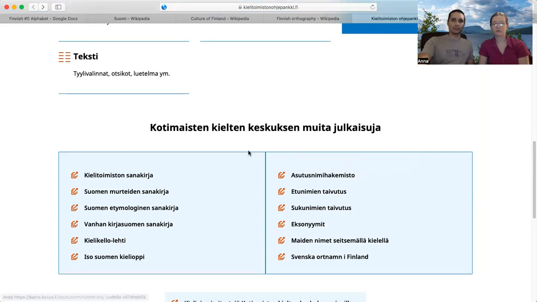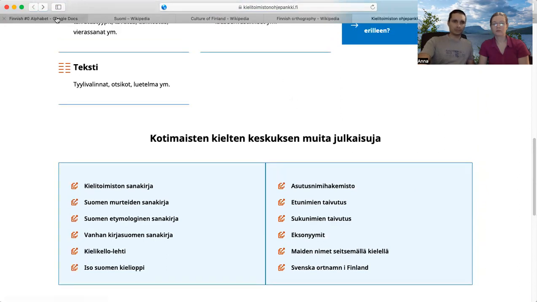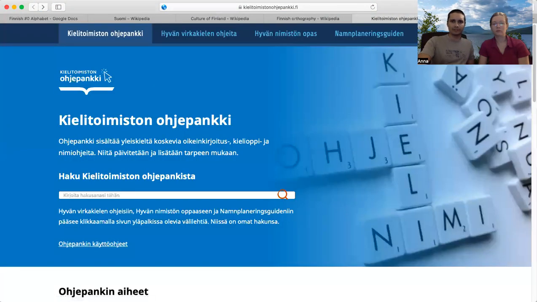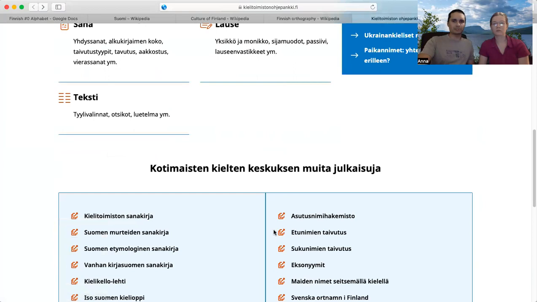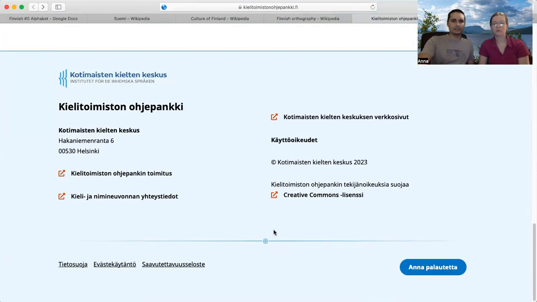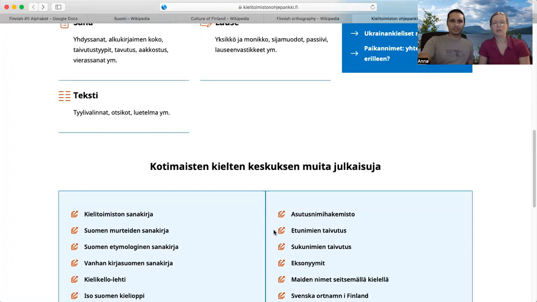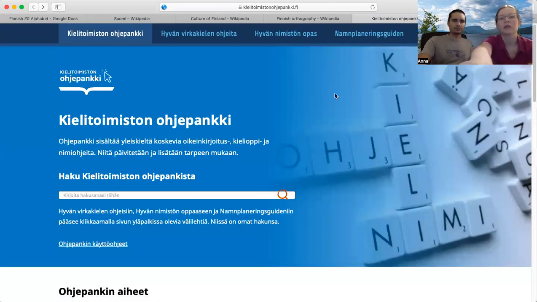So I think it's a good resource for language learners who want to learn Finnish. I think it's only in Finnish. I'm not sure, it might also be in Swedish, but I think if you want to learn, you can, what?